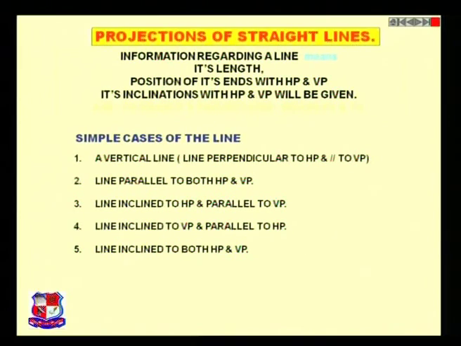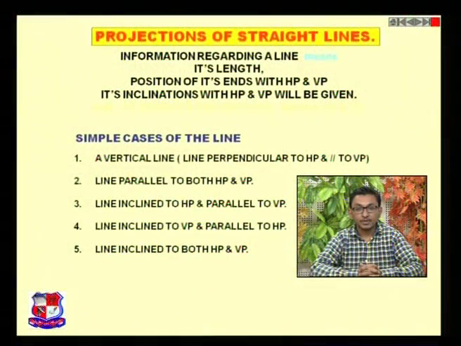Another one would be a line parallel to both HP and VP. The third problem can be a line inclined to the horizontal plane and parallel to the vertical plane. The fourth one is a line inclined to the vertical plane and parallel to the horizontal plane. These are the basic problems which we can consider while projecting any sort of line.